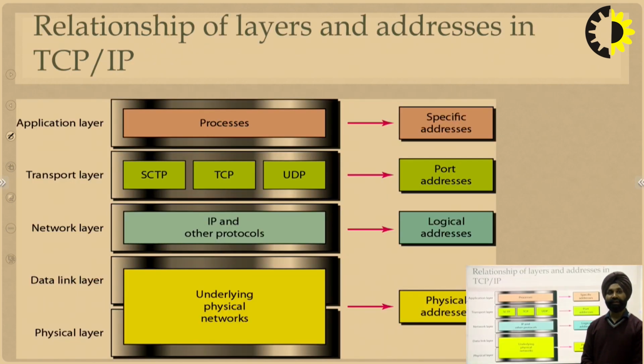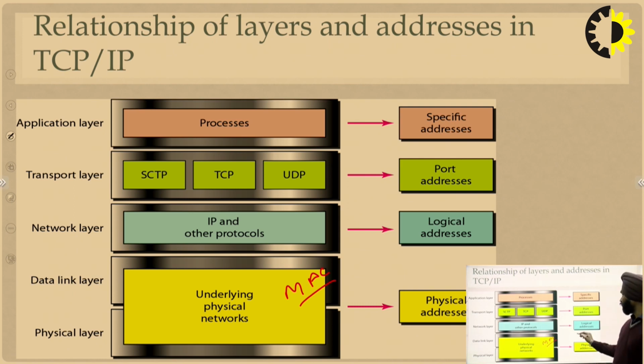The first one, the physical address, is given at the underlying physical layer, which is the MAC address of the network. Generally, the MAC address does not change for a device, but if we change the network card, then the MAC address changes. For a device, there will be a single MAC address.